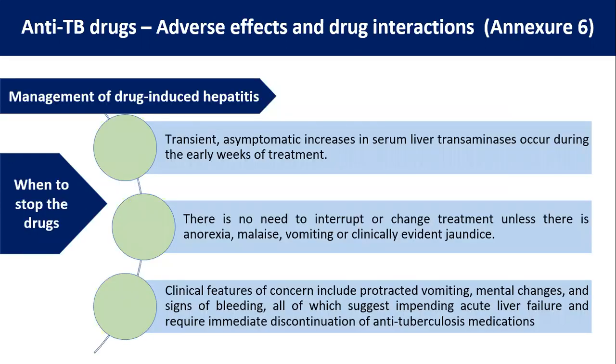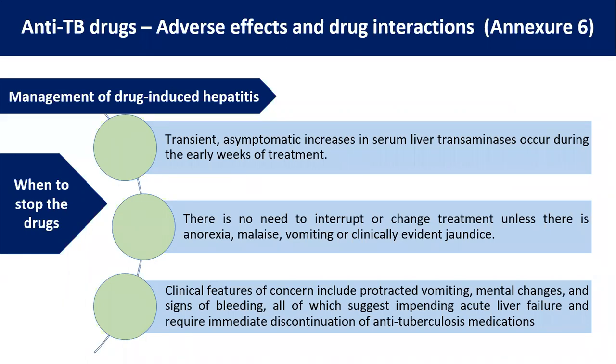So how to manage drug-induced hepatitis? Because we know with ATT, the most common problem that a clinician faces in the ART center is hepatitis. So let us discuss a little bit about hepatitis.